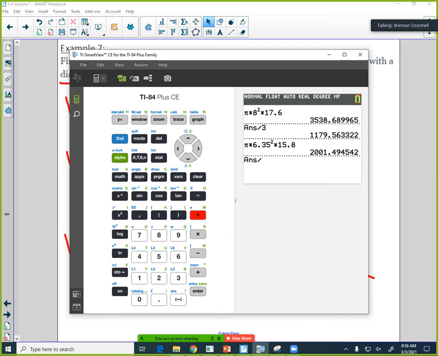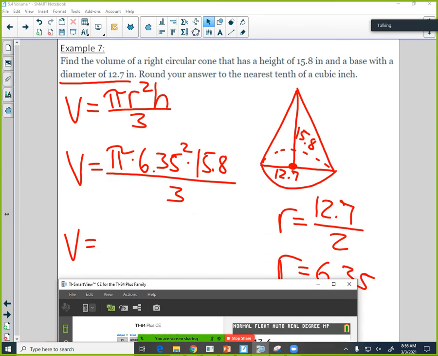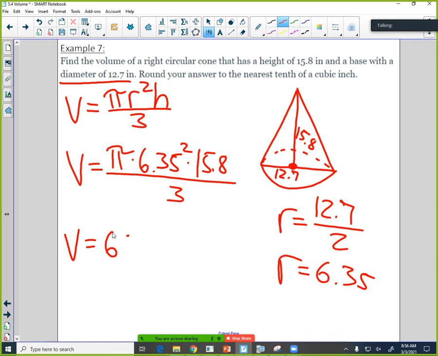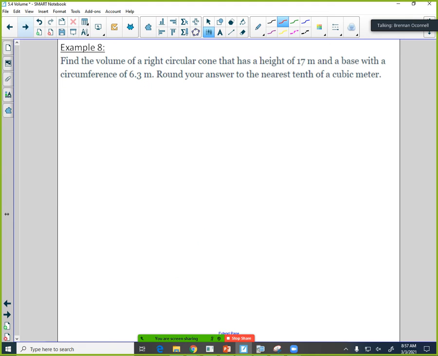Then I'm going to divide that number by 3. 667.2 if I'm rounding. And then we were in cubic inches. Be careful whether it gives you a radius or diameter.